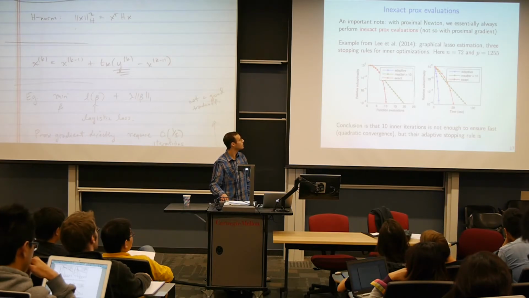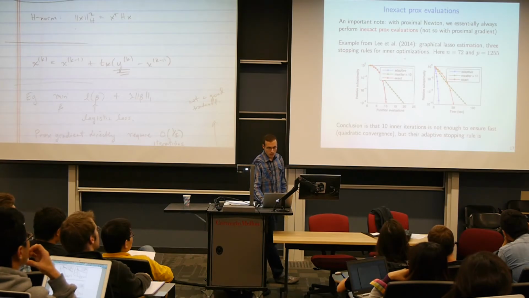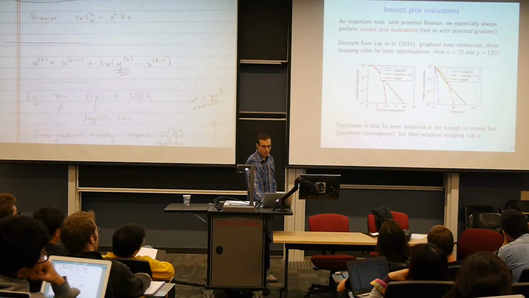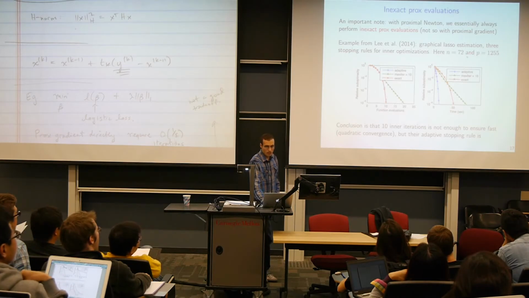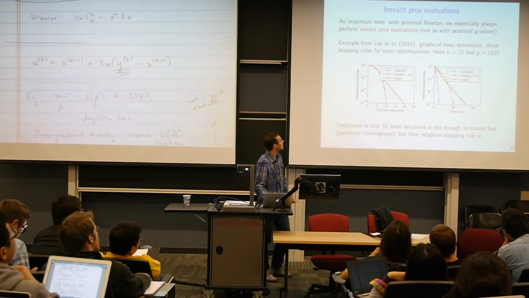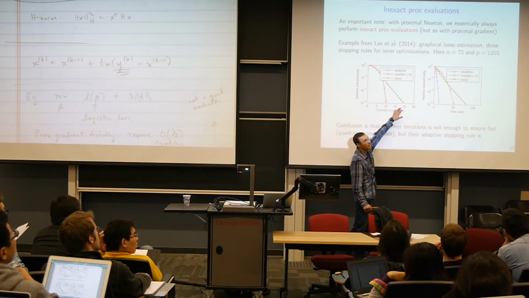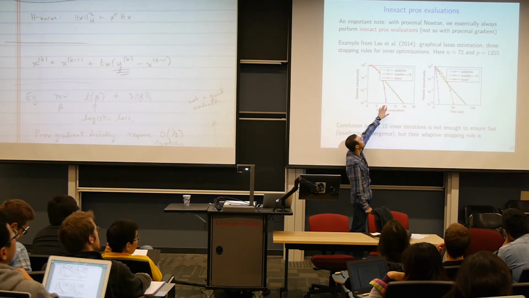So here in this example, it's a fairly small problem, but with a large feature set. And the authors are demonstrating what happens if you run the inner coordinate descent algorithm for a maximum of 10 iterations, versus running it arbitrarily long.